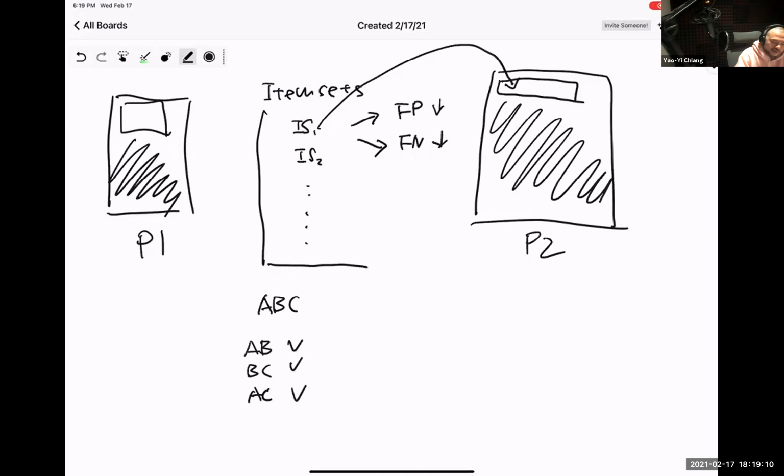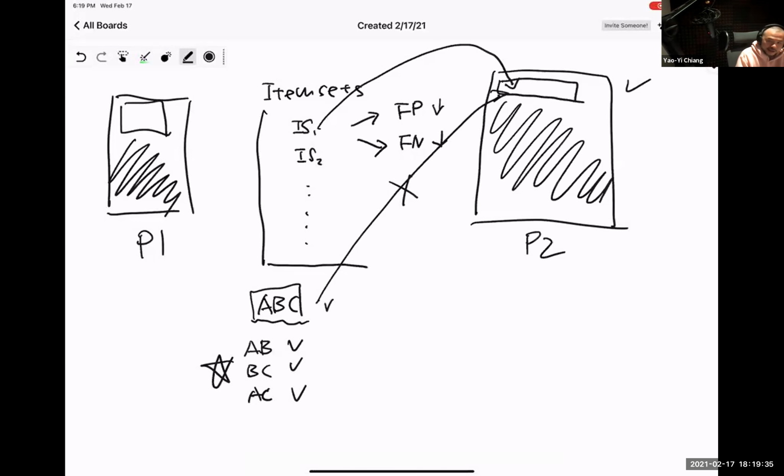Because you count it again, you are exactly sure. How about ABC? ABC was not in here, so it's in the negative border. And when you count it again in the second pass, you say, hey, ABC is frequent now.